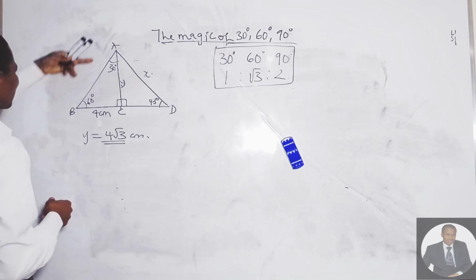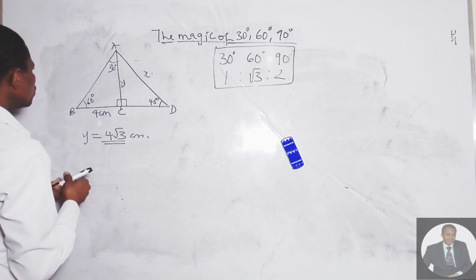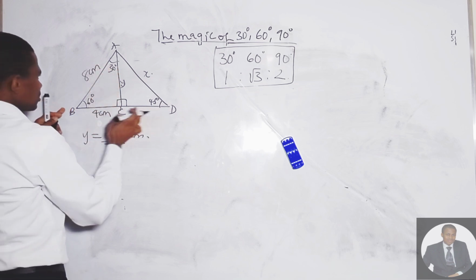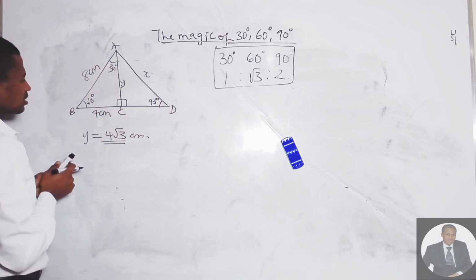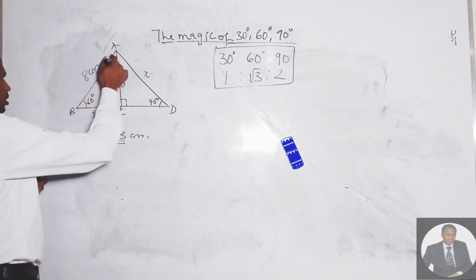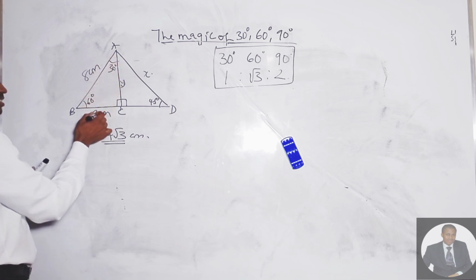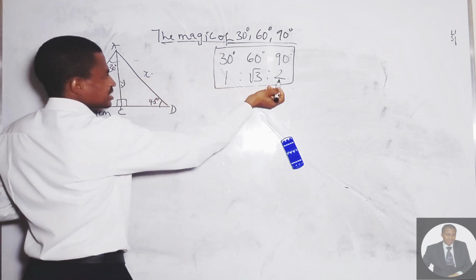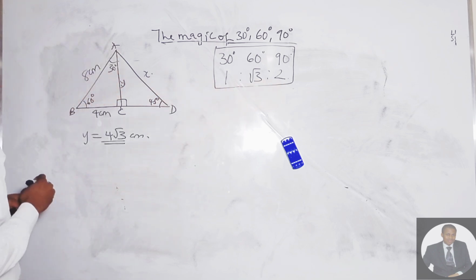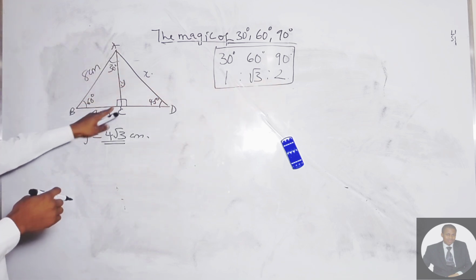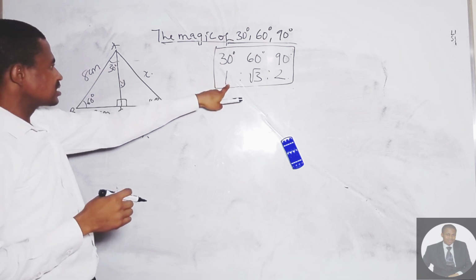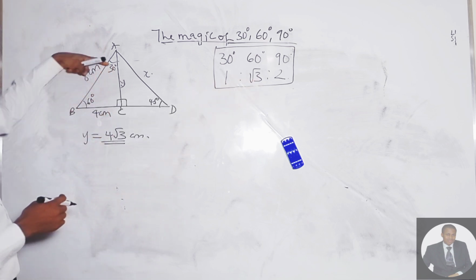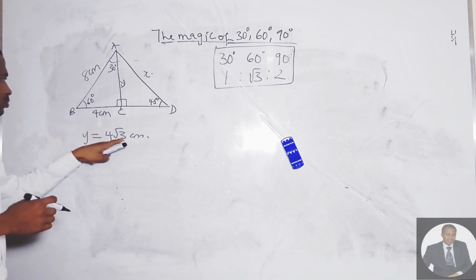Though we are not asked to look for AB, AB will be 8 centimeter, since it is twice the side facing angle 30. So y will be whatever the side facing angle 30 is, 4, multiplied by root 3.